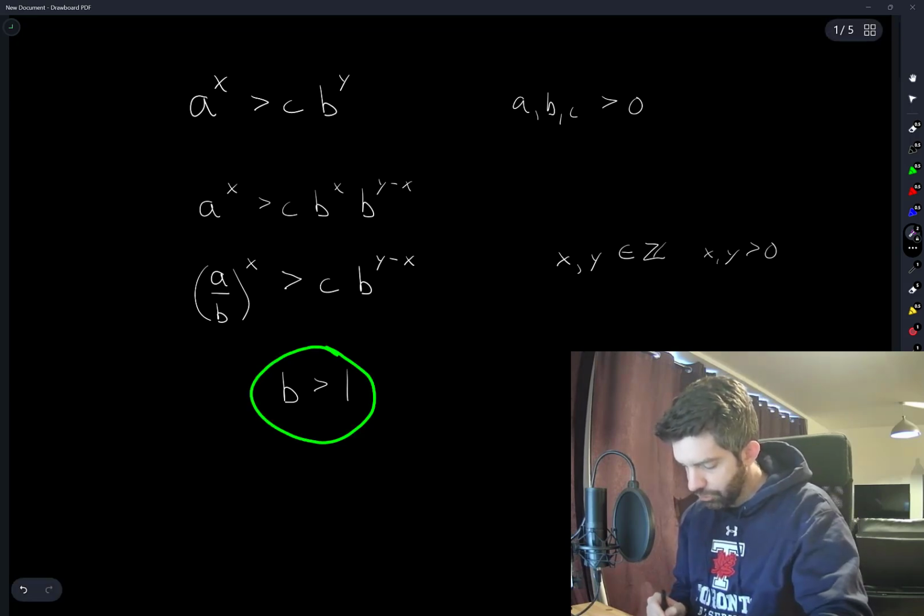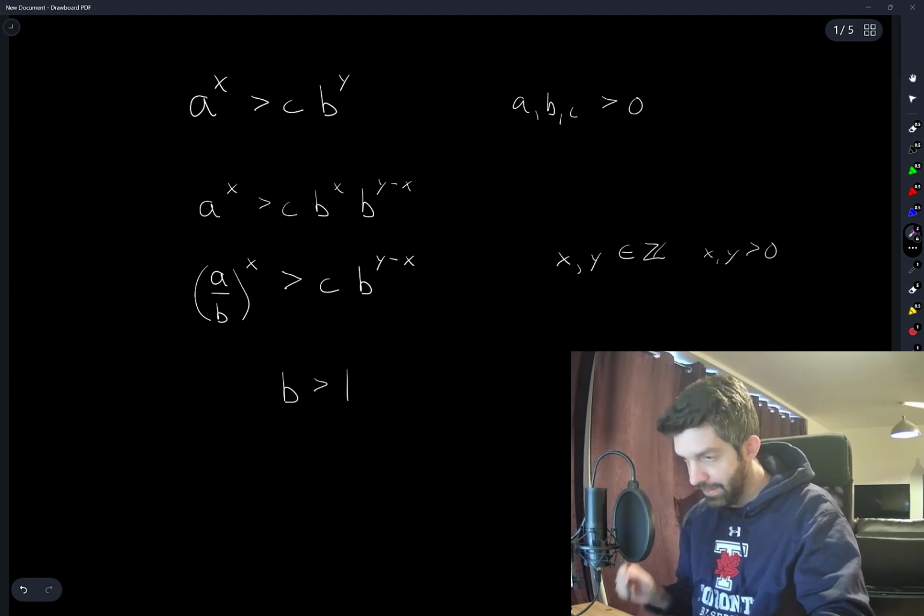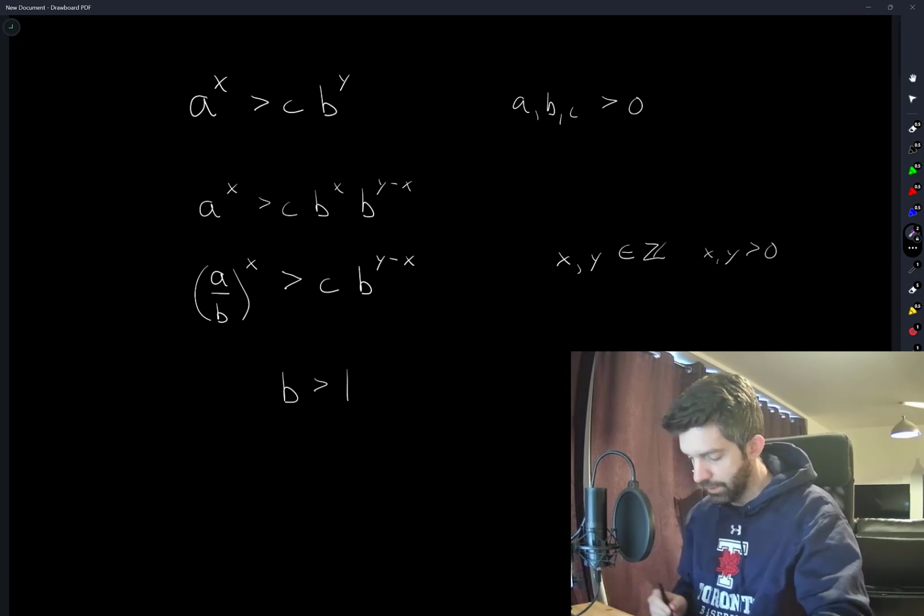If B is less than 1, I can just let Y be arbitrarily large, and this will work. So I need B to be greater than 1. In fact, if B is less than or equal to 1, then making Y arbitrarily large will work, and there's an infinite number of values of Y that'll work.